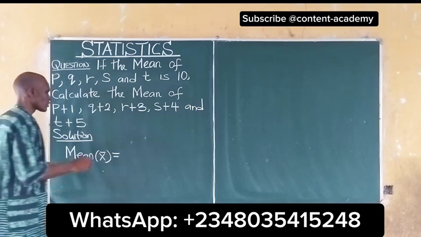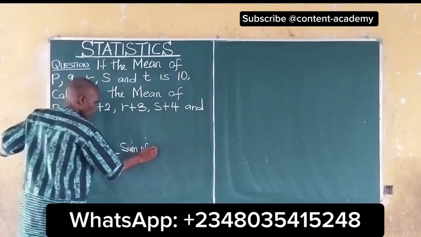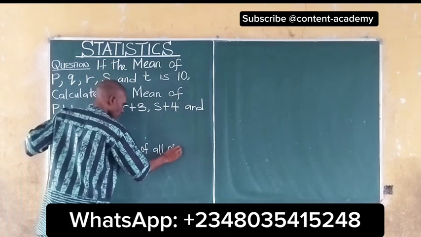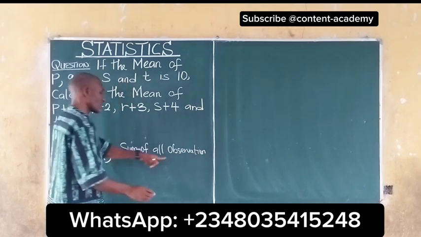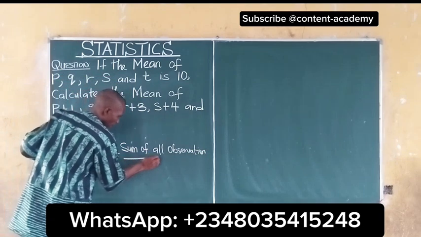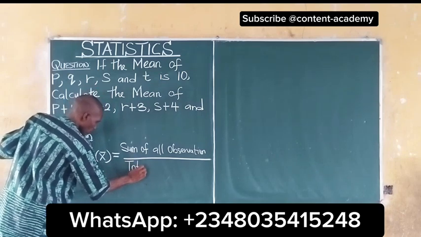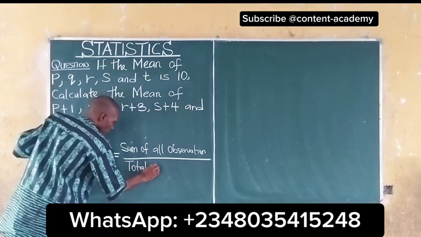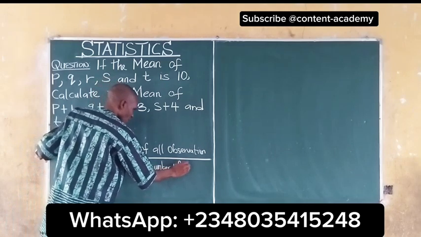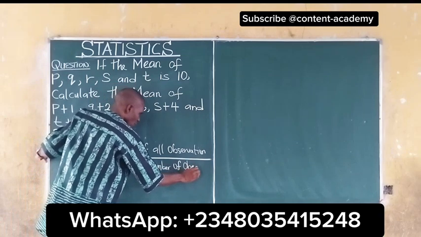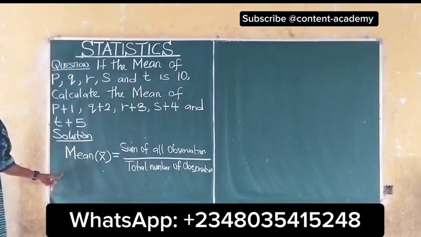The mean is the sum of all observations, this observation is the data, divided by the total number of observations. So this is the meaning of the mean.